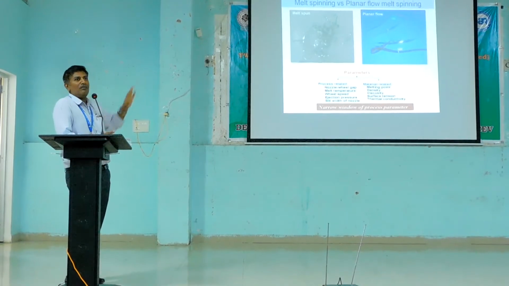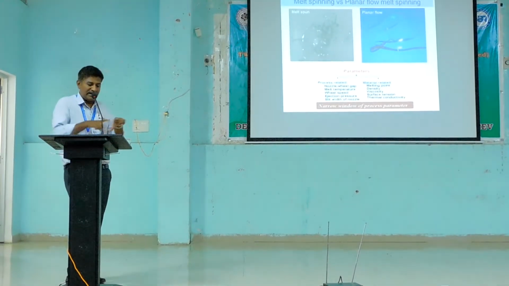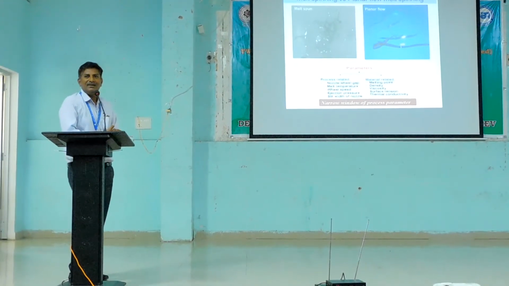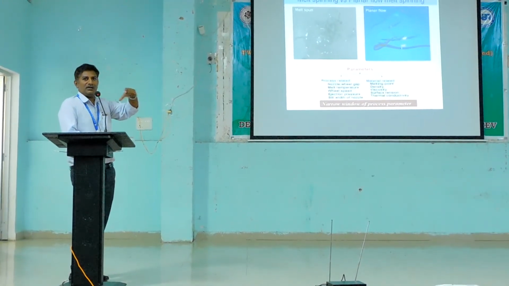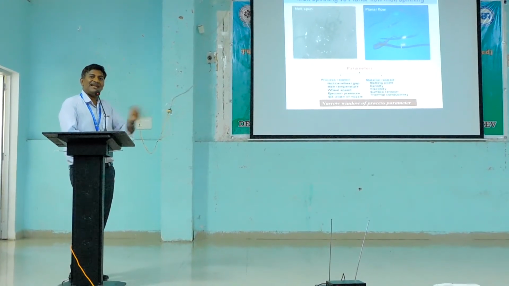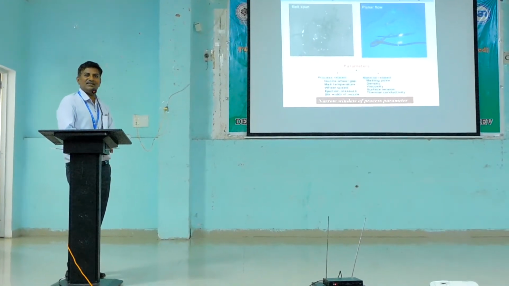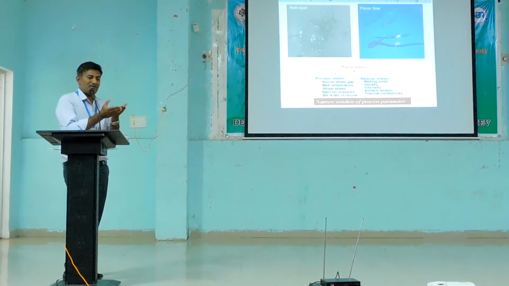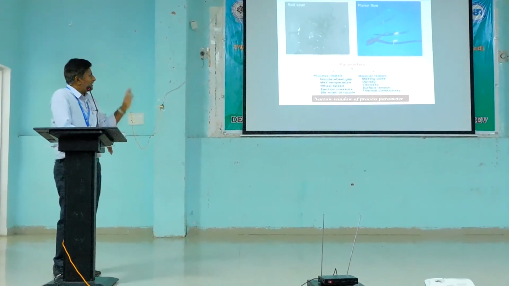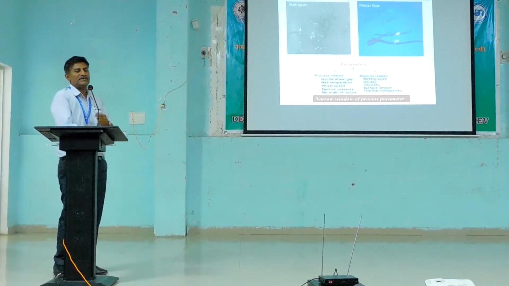But in planar flow melt spinning, you will get very good tapes, like ribbons. We call them ribbons, like your normal ribbon, and they will be continuous. So these metals are like ribbons. You understood the beauty of that. Actually, let me tell you why we are doing all these things.